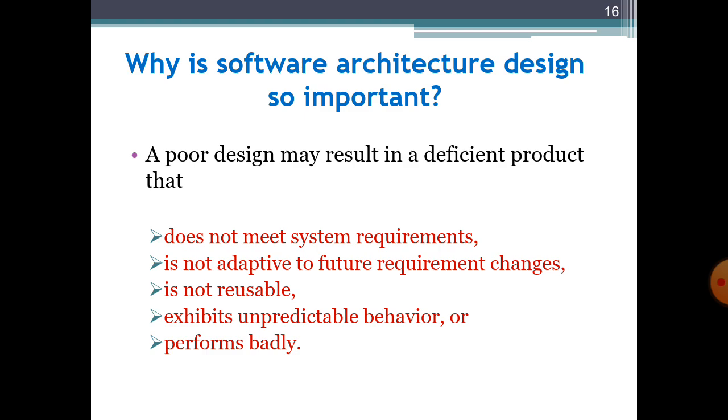All of these are factors which cause a poor design. Students, you can also add some more points from your point of view, but you have to properly justify why these factors are important for a software architecture. I hope you understand why software architectural design is so important.